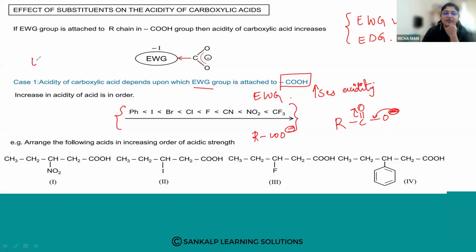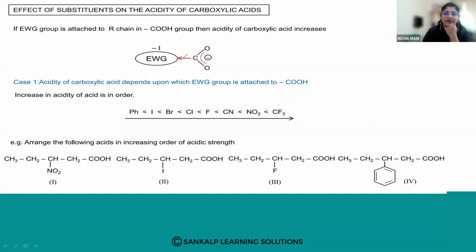Now suppose an electron withdrawing group is attached. It is highly electronegative. Electron withdrawing means it will withdraw the electrons towards itself. As it withdraws the electrons towards itself, it becomes highly electronegative.